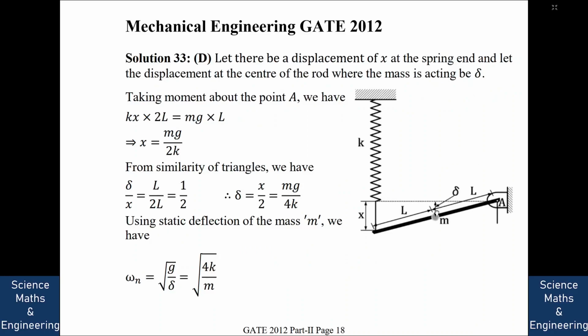Seeing that this mass M is concentrated at this point, now we have a displacement x here and we may have a displacement delta here. This length is L, right? Now taking moment about the point A, let this point be A at the hinge.